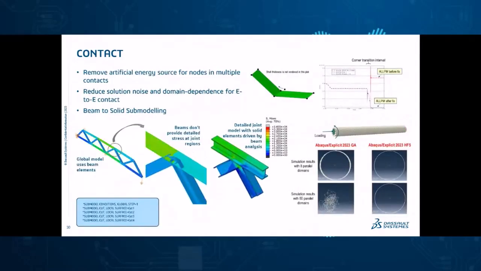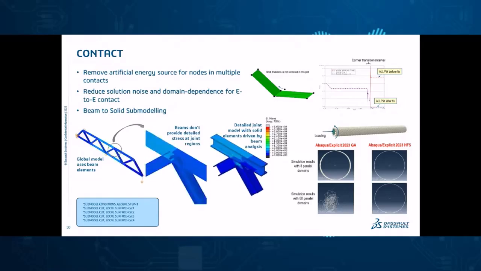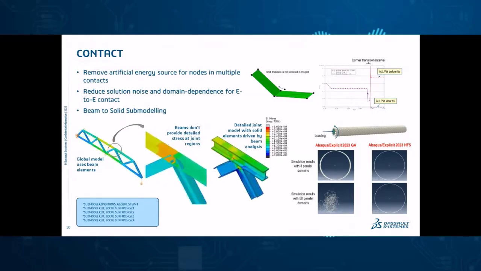A couple of enhancements to the code relating to scenarios where a point mass is sliding over some shell surfaces, for example. So as the contact transitions at the concave corner, the point mass is in contact with two of the faces.